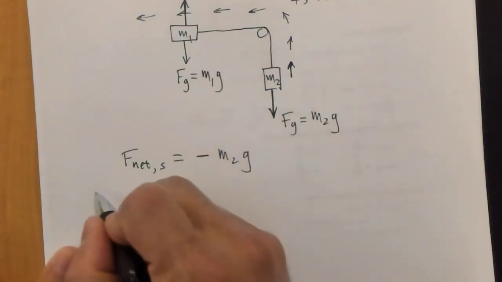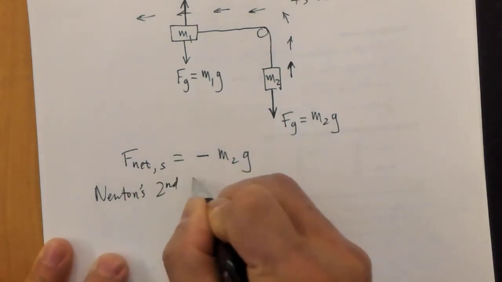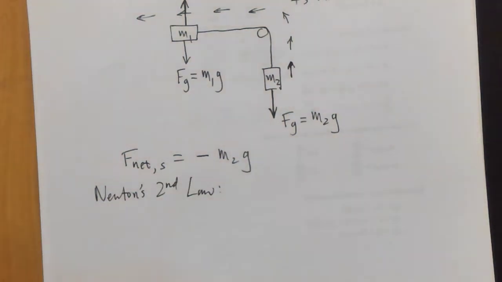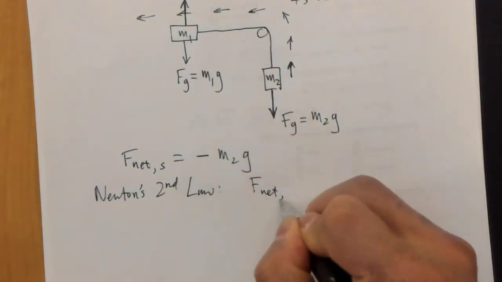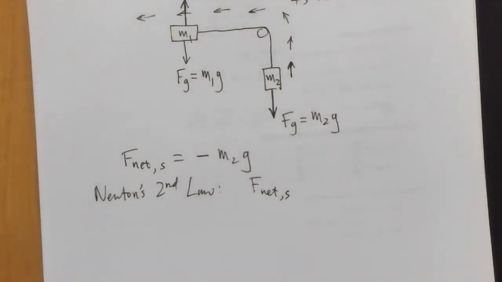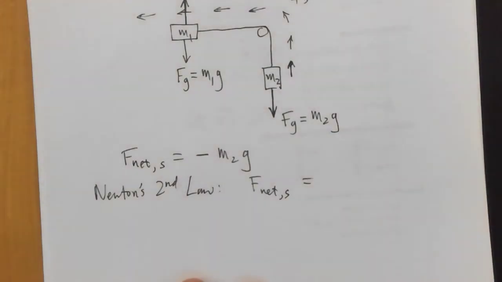Now we're going to use Newton's second law. Using Newton's second law, the net force in the S direction, using this curved direction, is going to be the mass of the whole system. So what will the mass be for this system?